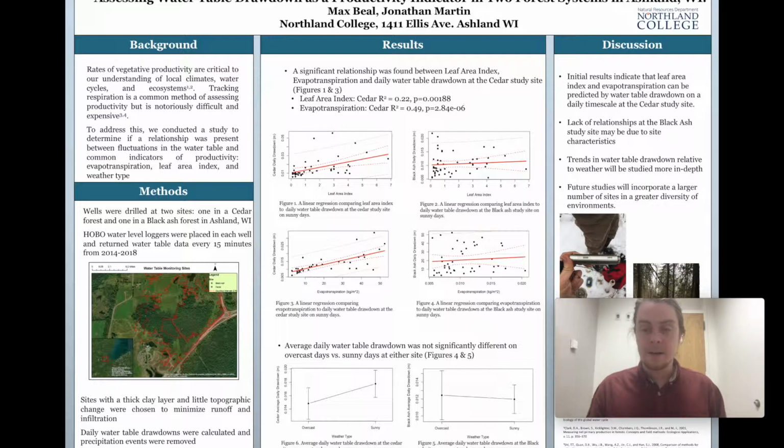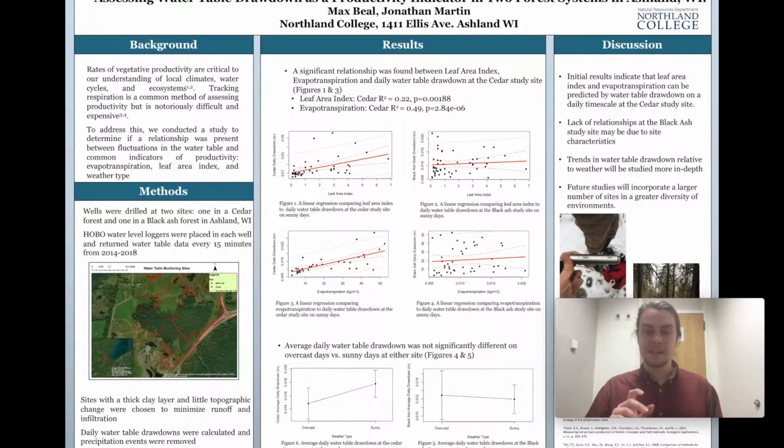As for our final analysis, the weather type analysis, what we did was we compared average daily water table drawdowns between overcast days and sunny days. And we did not find that these were statistically significantly different on overcast versus sunny days for either site.